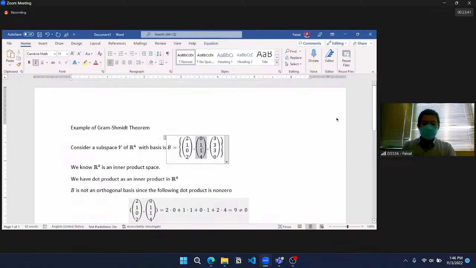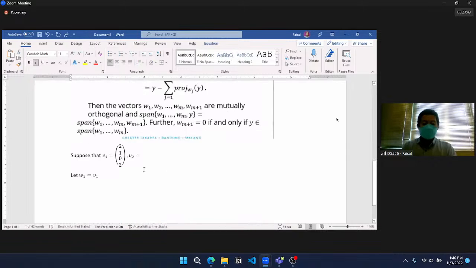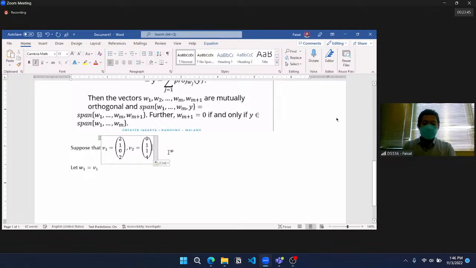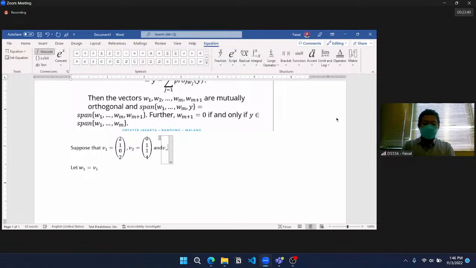B2 is 0, 1, 1, 4, and B3 is the last vector, the third vector.